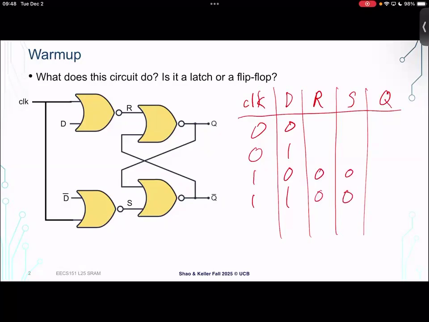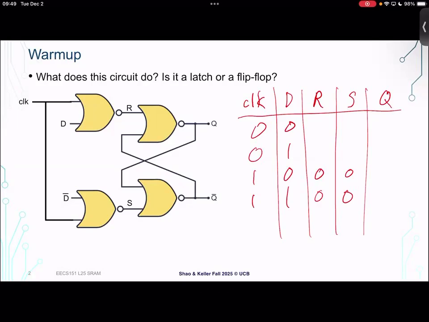So if R and S are 0, now what's happening here in this weird circuit? This is a cross-coupled circuit, right? Where the outputs are being fed back into the inputs. So if R and S are 0, then they're not really doing anything into these NOR gates.